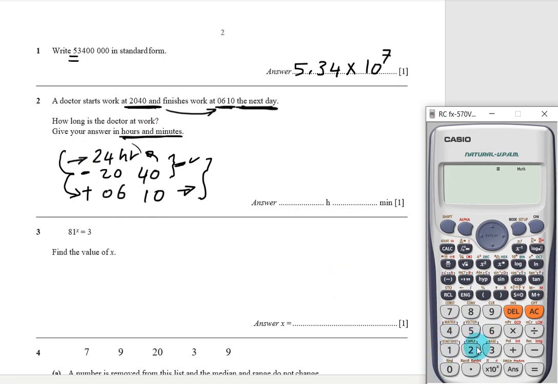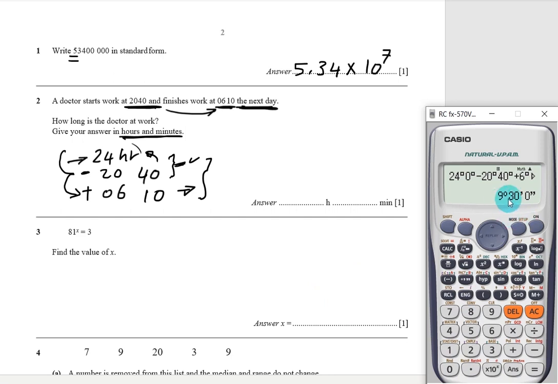This is 24 in hours, 0 in minutes, and then minus 20 hours and 40 minutes, and then plus 6 hours and 10 minutes, and this is your answer.